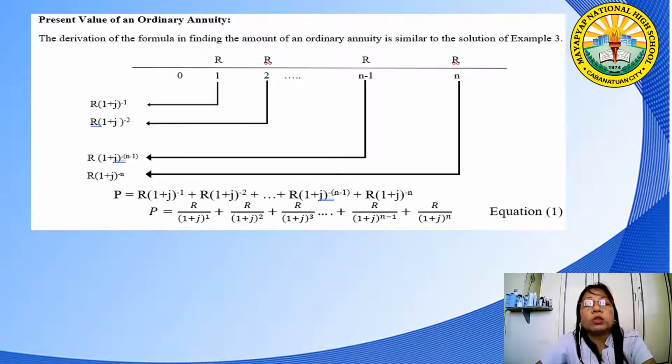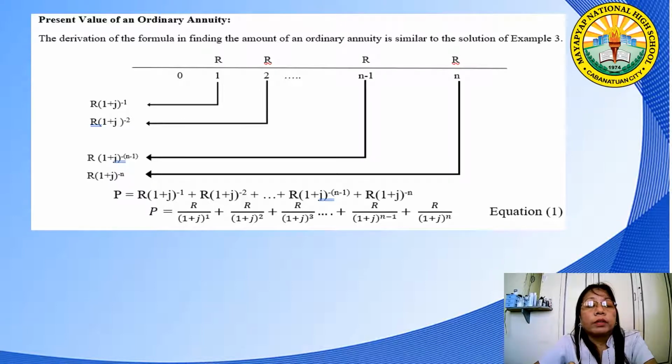So look at the given cash flow time diagram. To get the present value, you just add all the present values.